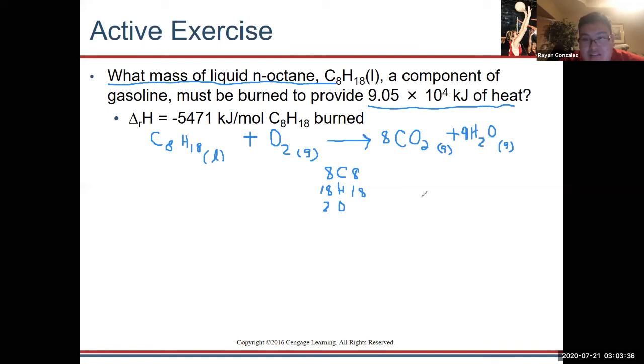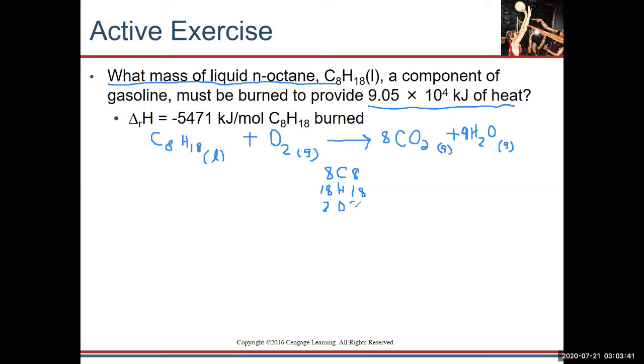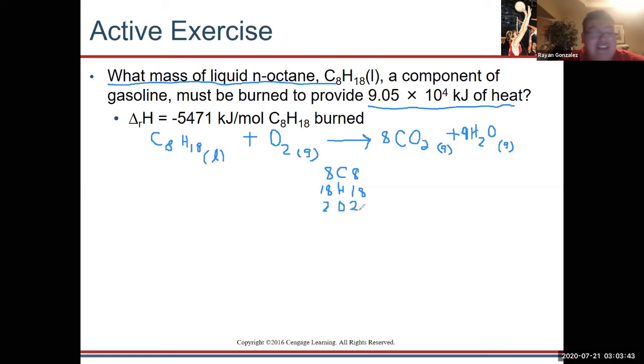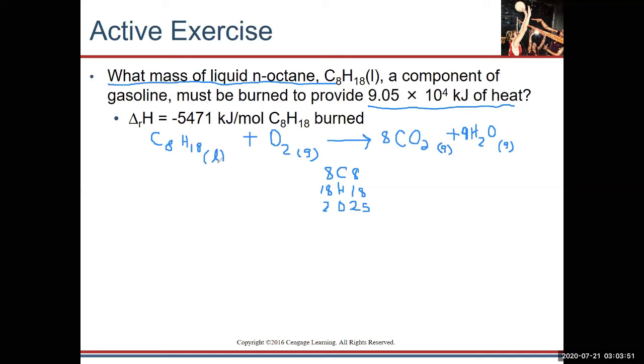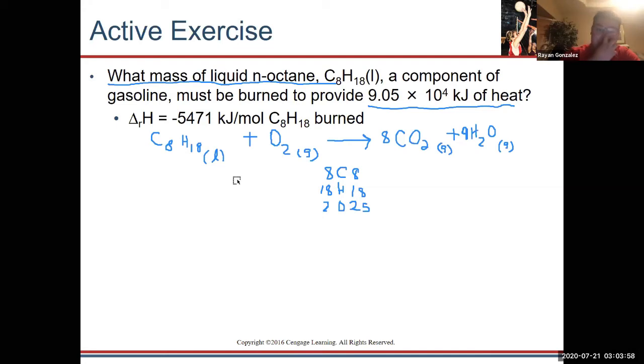Plus 9. 25? Wait, I don't know. I can't do math this late at night. 16 plus 9 is 25. Okay. That sucks. Oh crap.